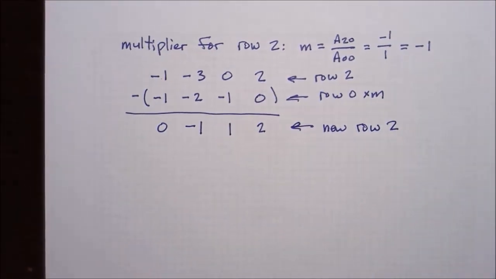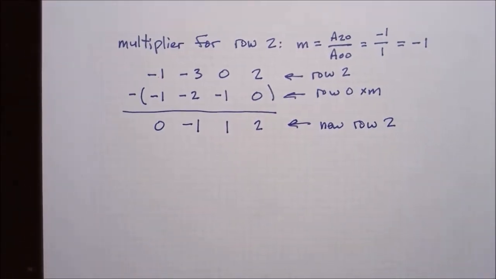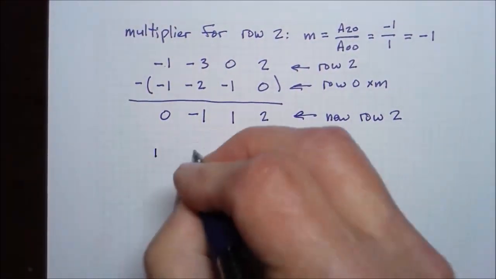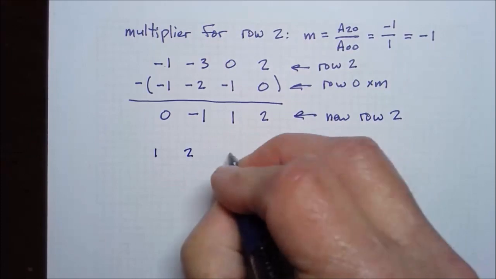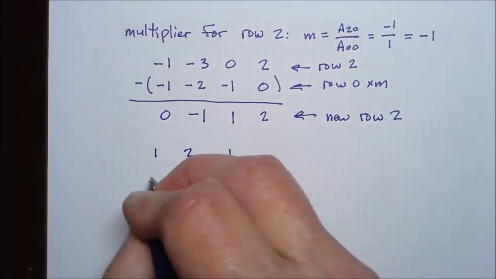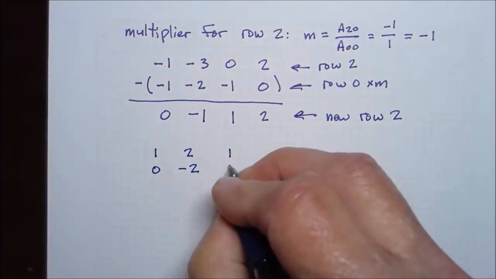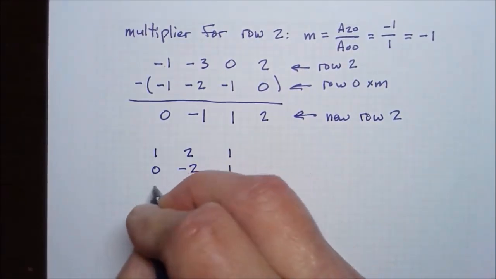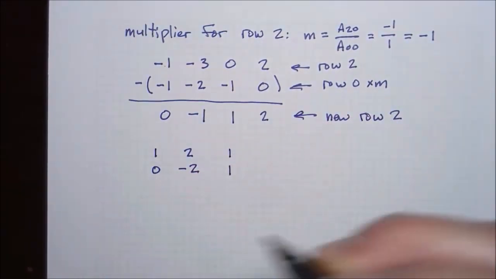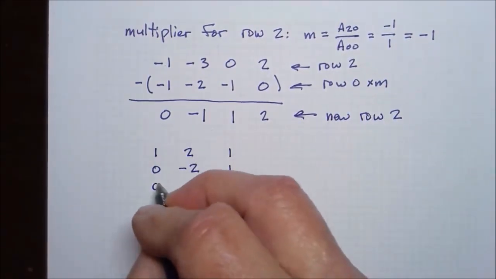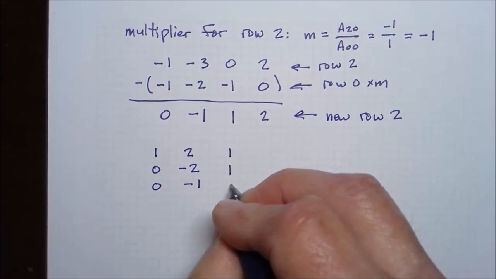So I can rewrite the set of equations, and let's see. We had in the first row 1, 2, 1. In the second row 0, minus 2, 1. The new row 2 is 0, minus 1, 1.